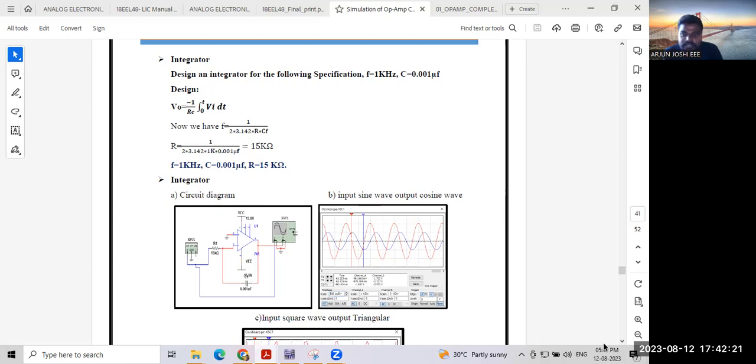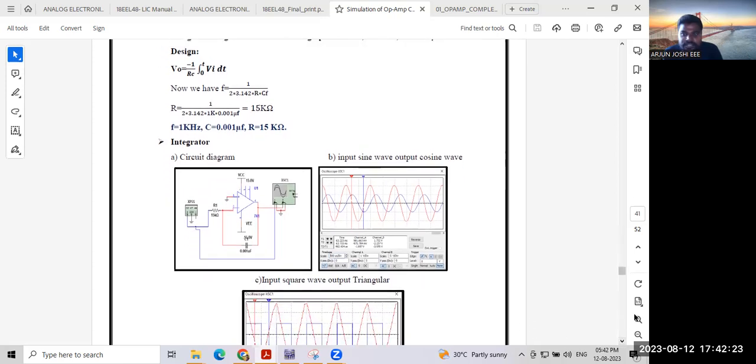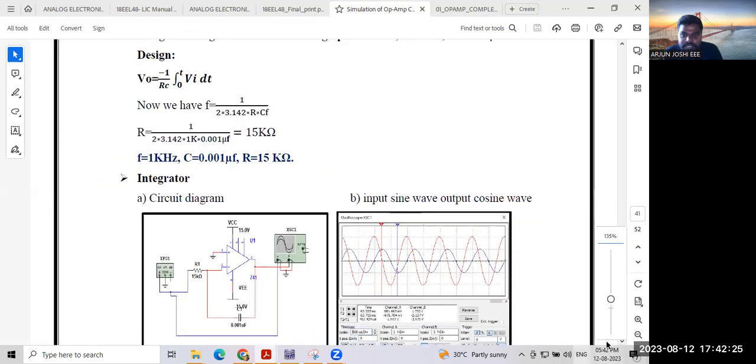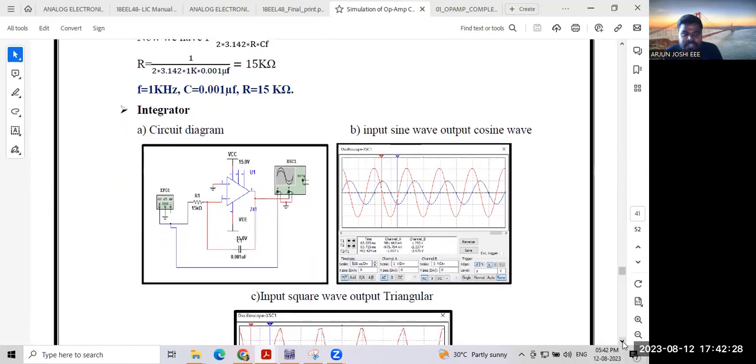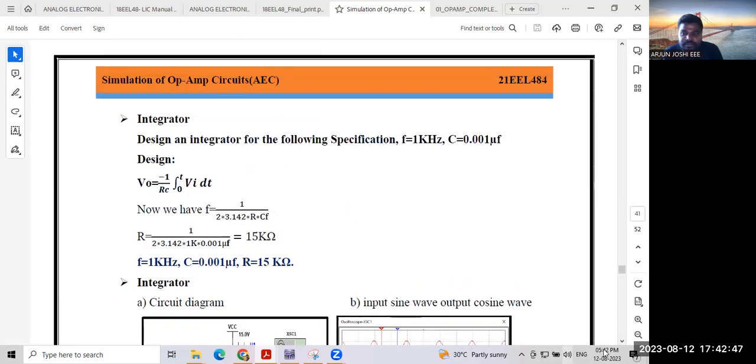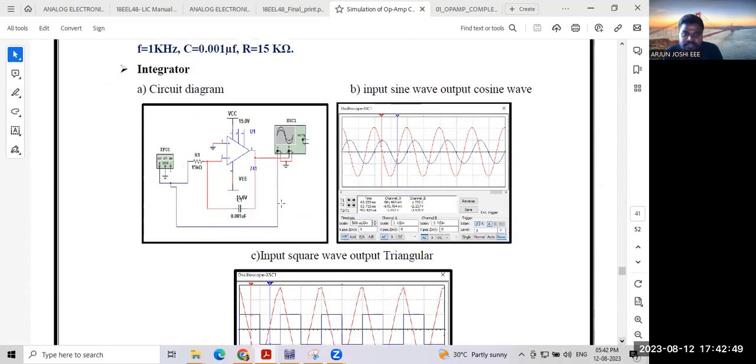You need to substitute these in the circuit diagram. Everything remains the same as an inverting amplifier, but in the feedback, instead of feedback resistance, I'm going to connect a feedback capacitance. This capacitor plays a very important role, and that's why the integration formula comes, in order to get the integrated output.